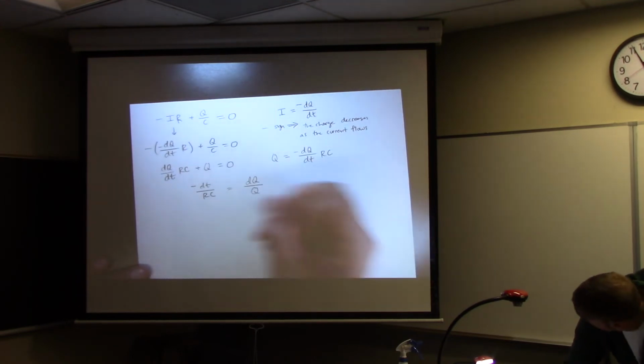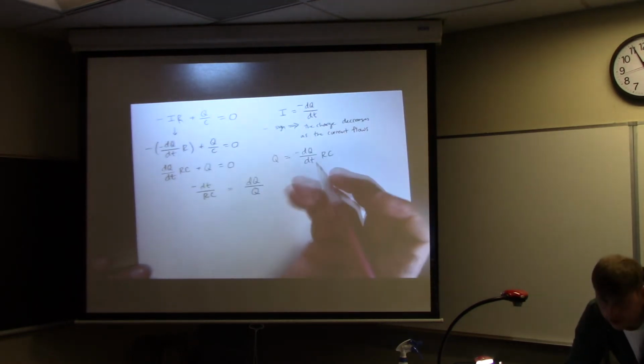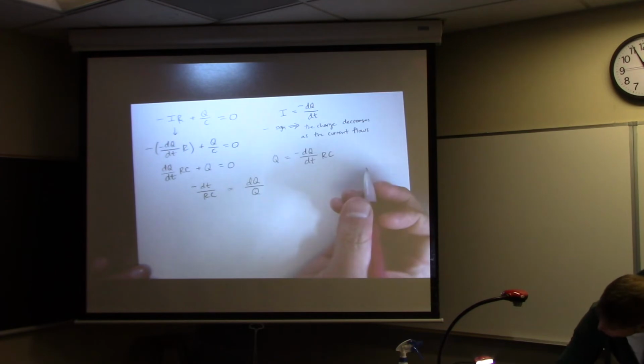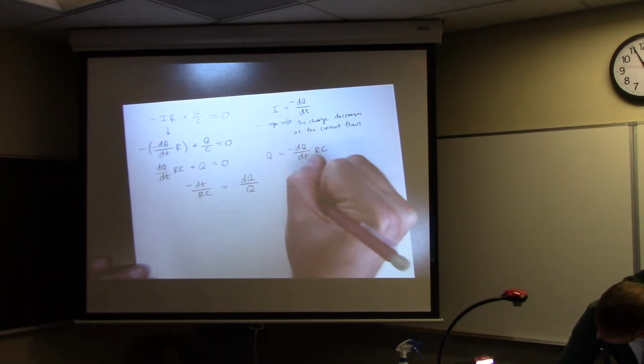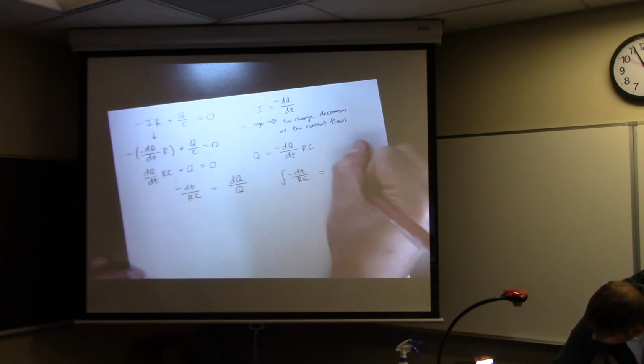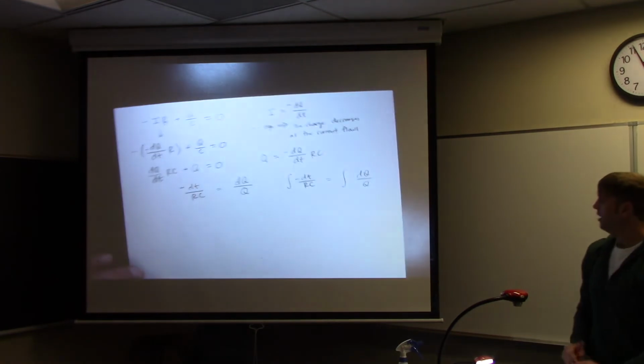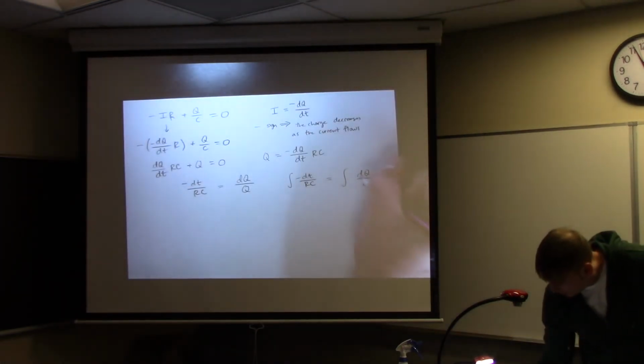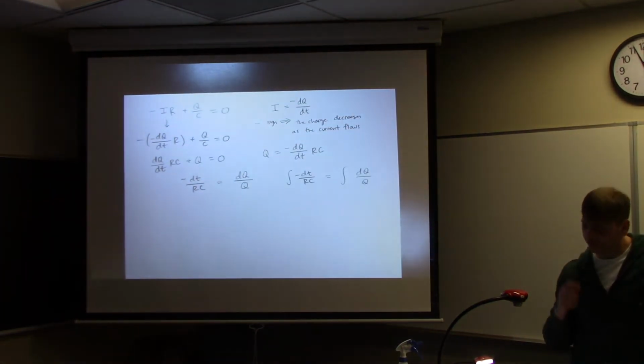And as usual, when you look at an equation like this, you should be thinking, I can integrate both sides. So I have minus dt over RC equals dq over Q. And I want to make these definite integrals. I want to put the limits of integration on each one.